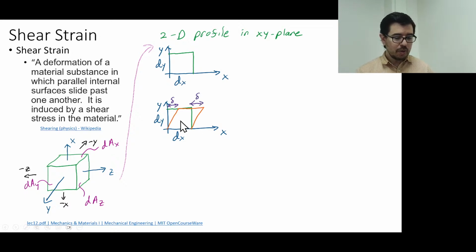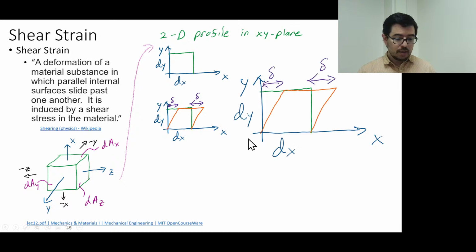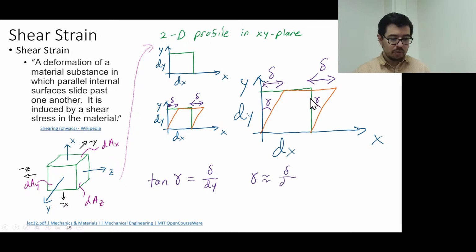We slid over by this amount delta, and now we're interested in the angle where I have my mouse. That is what we call the shear strain, and it's usually a small angle. Even though delta over dy is the tangent of it, eventually we say that gamma is approximately equal to delta over dy.